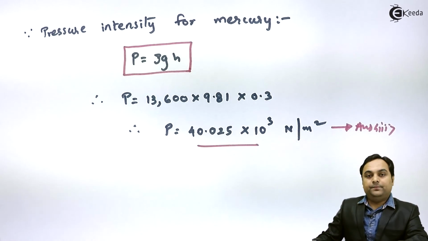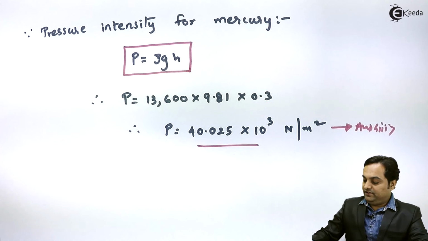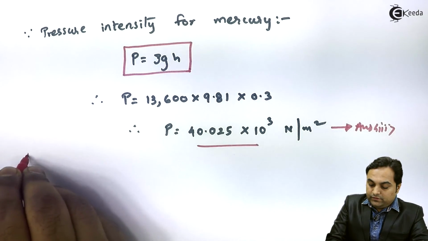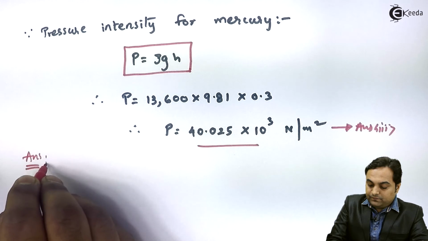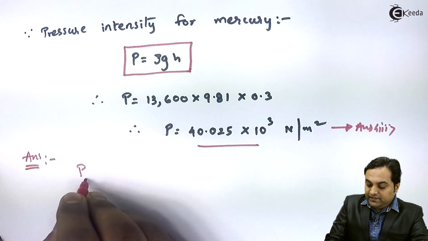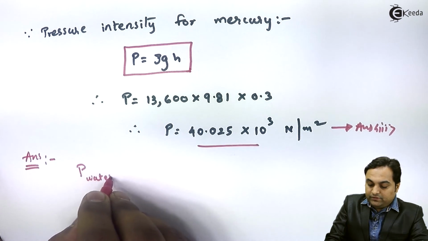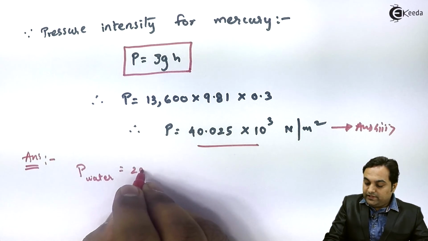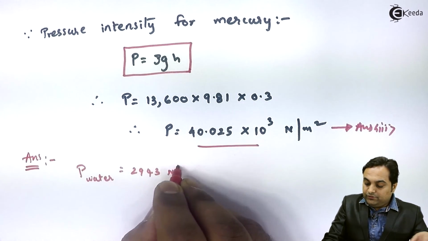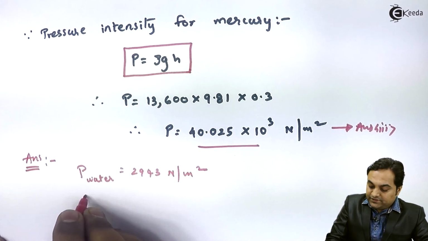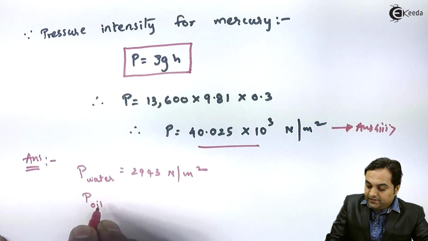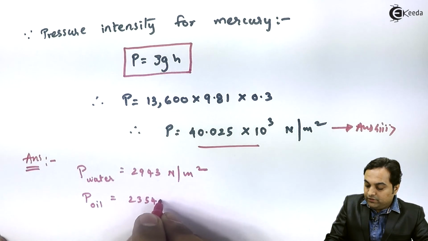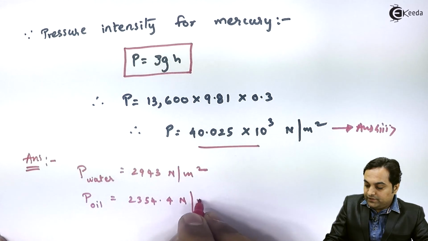So now if I compare the pressure intensity, I'll write my final answer. Pressure intensity exerted by water, that was 2943 Newton per meter square. Next, pressure intensity exerted by oil, that was 2354.4 Newton per meter square.